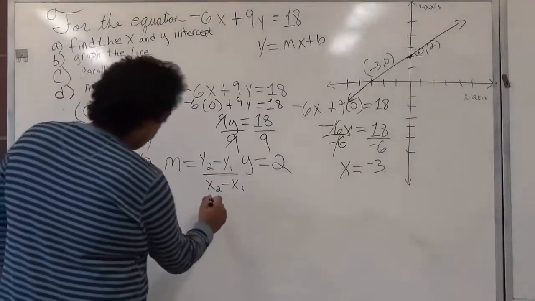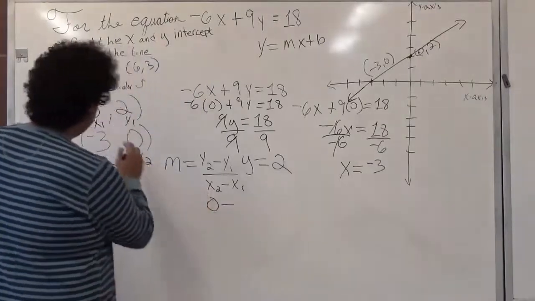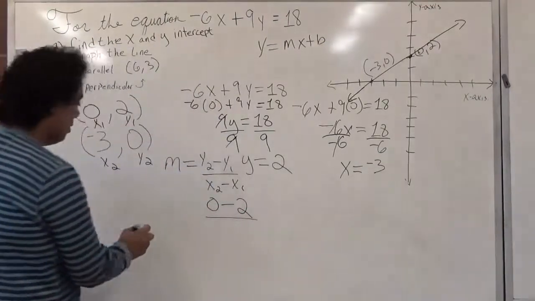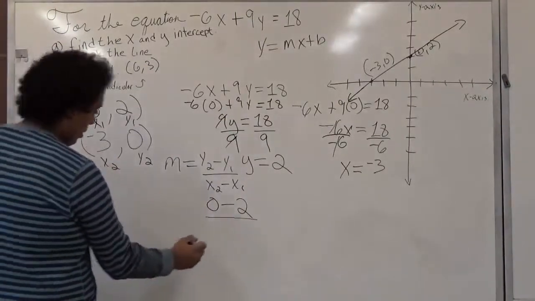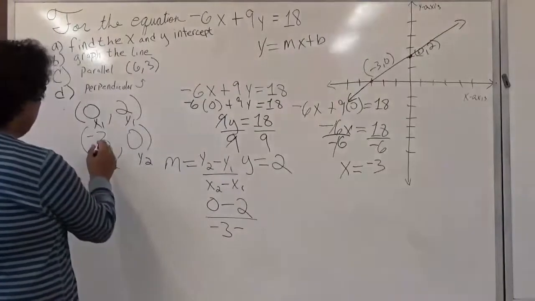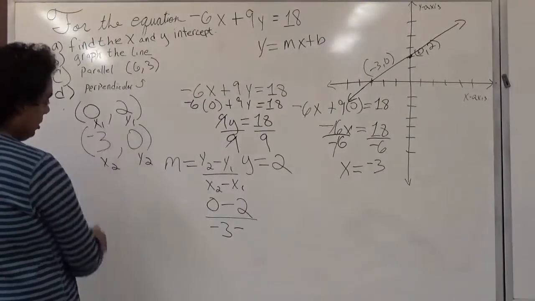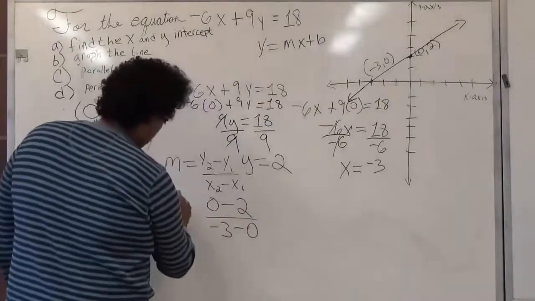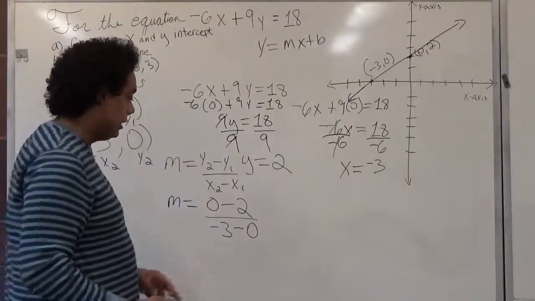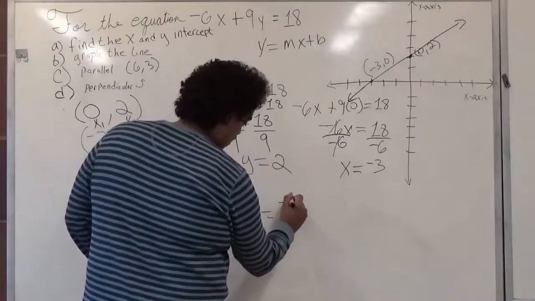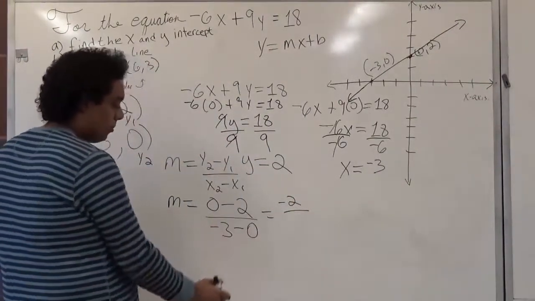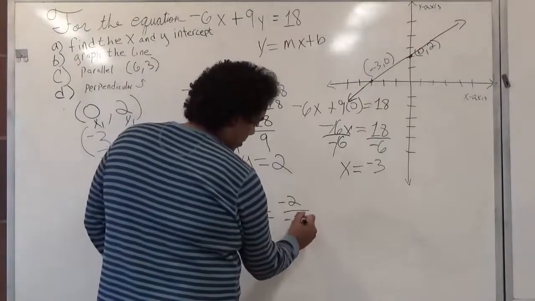Let's plug in. For y2 we have 0, minus y1, which is 2, over our x2, which is negative 3, minus our x1, which is 0. So 0 minus 2 is negative 2, and negative 3 minus 0 is just going to give us negative 3.